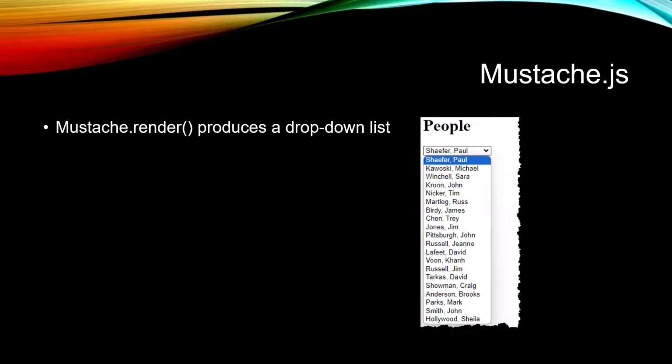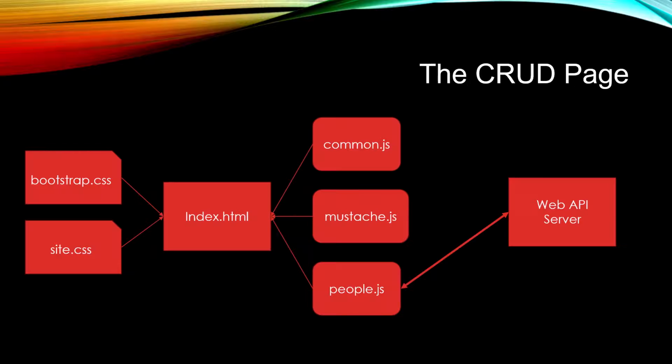So we're going to see all this in just a bit. Now our CRUD page, if you remember, I had quite a few things in there. The index.html uses Bootstrap. It uses our own site.css. It uses a common.js, a people.js, and mustache.js. People.js is where we make our web calls through the Fetch API to our web API server to get data.